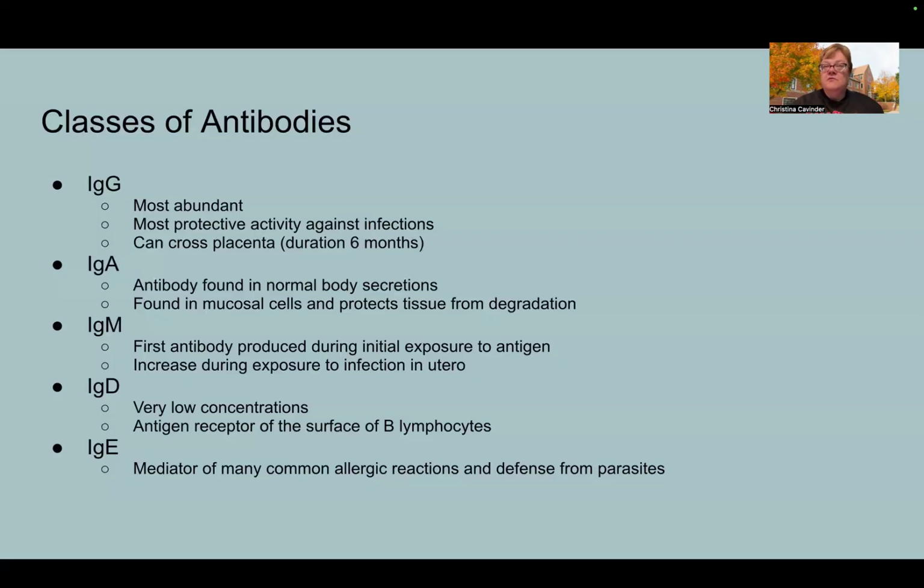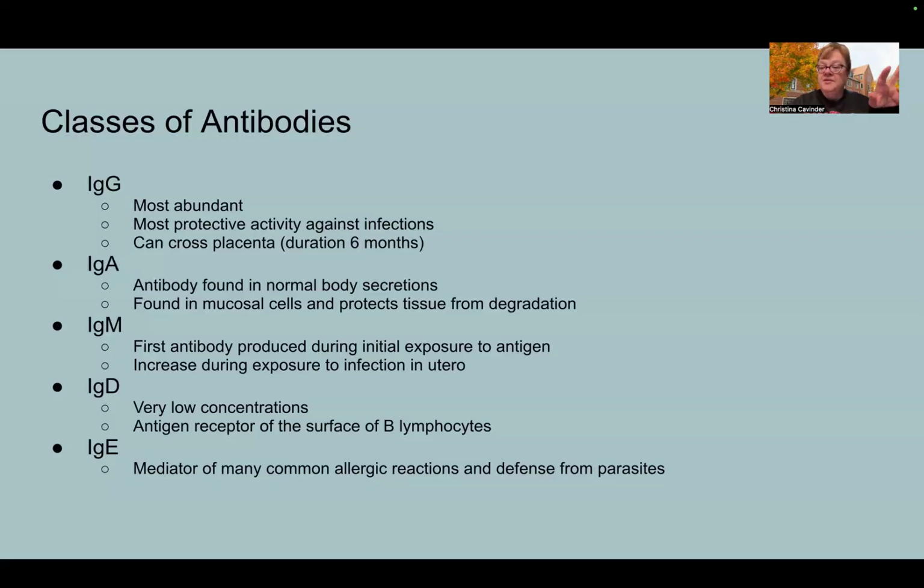Let's say we do this for our babies. We draw IgM and IgG, and it comes back and says IgG is elevated for, I don't know, herpes or something like that, and IgM is low. That means that they got the antibodies from mom. They've never had the disease. Those IgG antibodies are going to go away eventually.